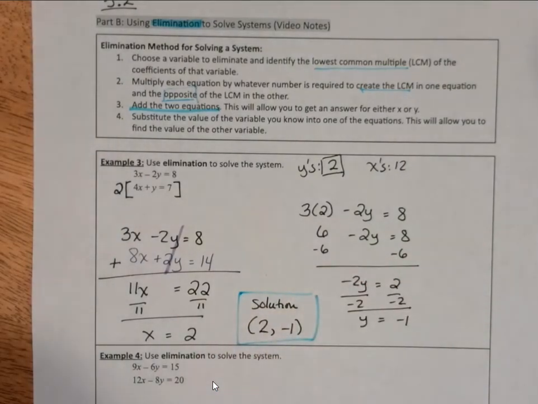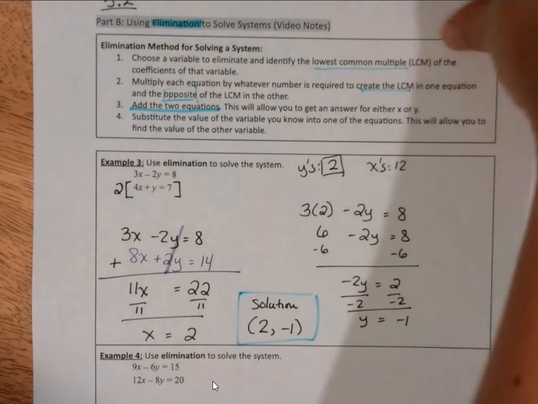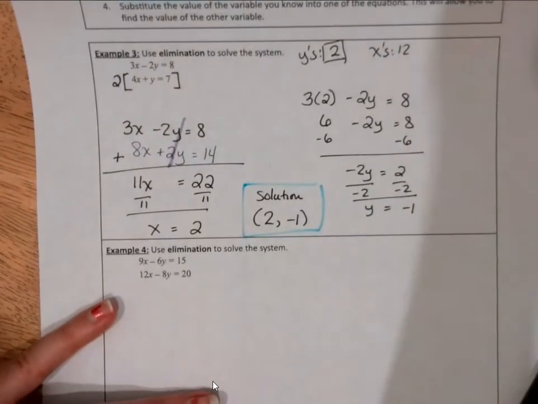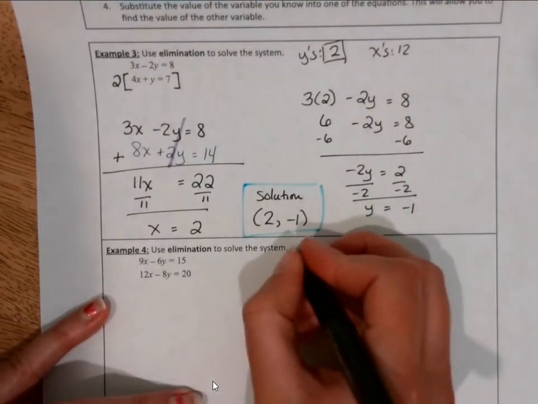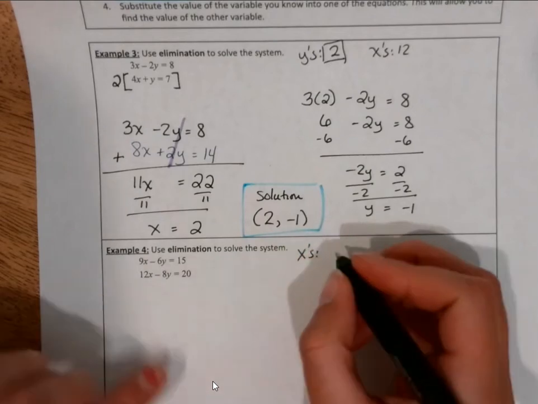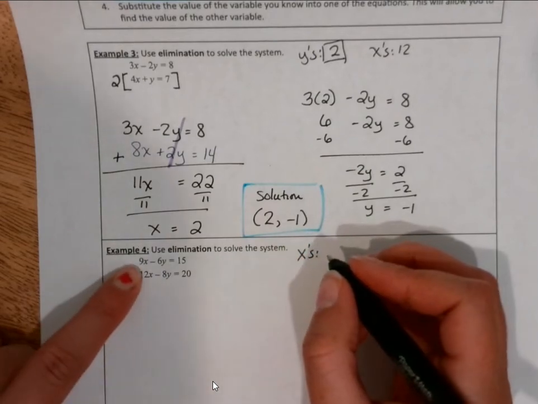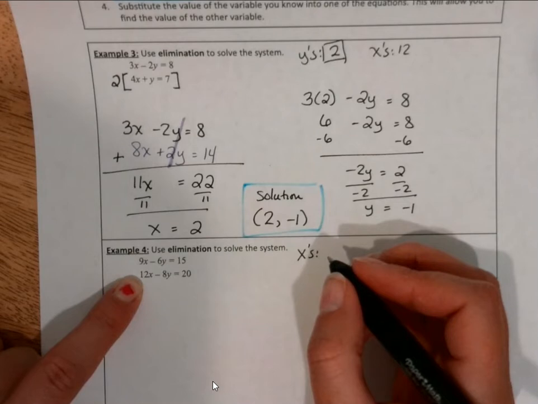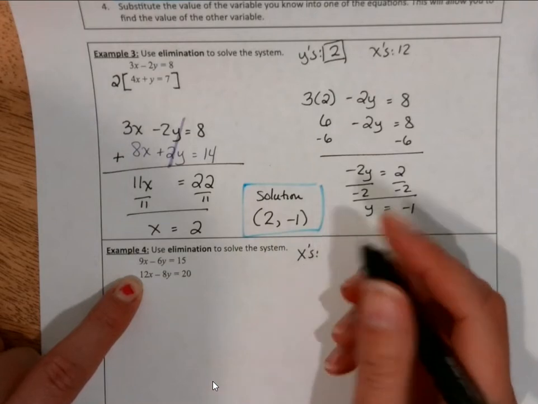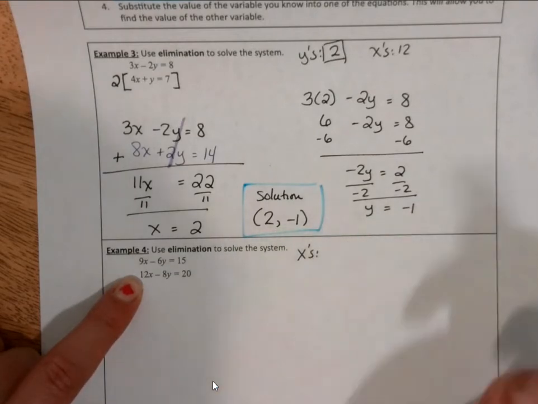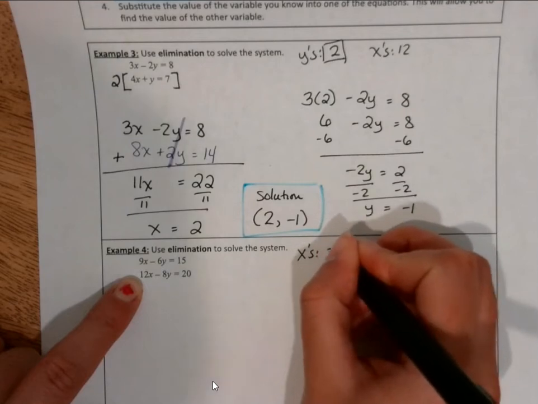Let's take another look in example 4 and use the elimination method again. For the x's, the least common multiple between 9 and 12 will be, the multiples of 12: 24, 36. I think it's going to be 36.